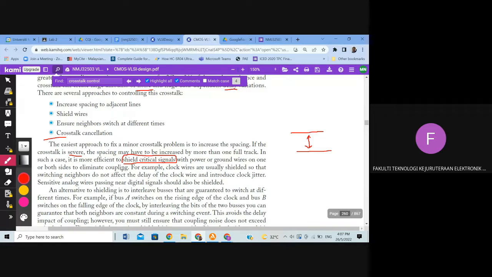This is actually the method to reduce the effect of coupling.